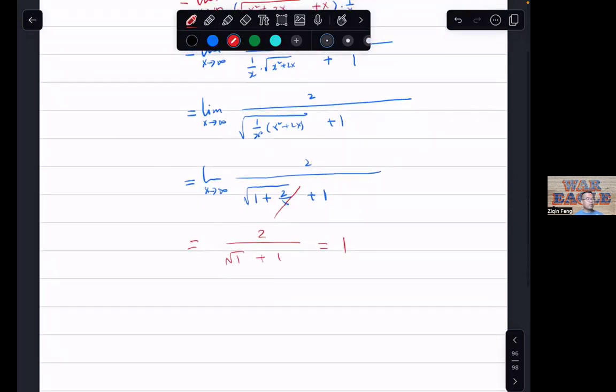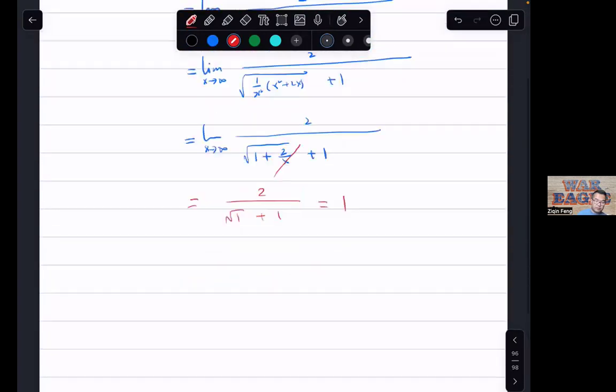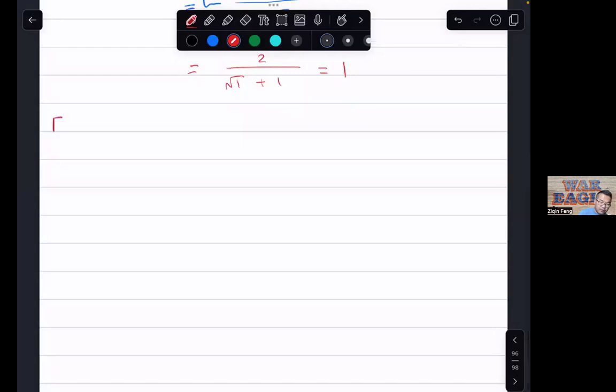Okay, now next we want to discuss a few more examples on derivatives, right? We want to find y prime.